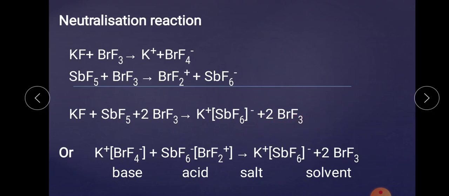This reaction can be written in ionic form: K positive with BrF4 negative is the base, BrF2 positive with SbF6 negative is the acid, and finally the salt and the solvent. So this is the neutralization reaction.